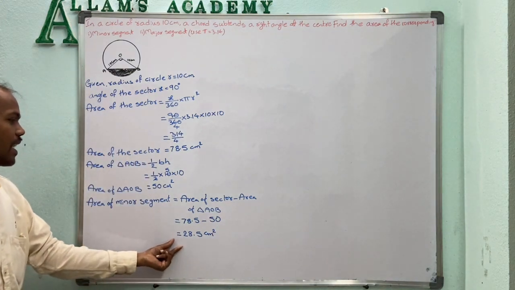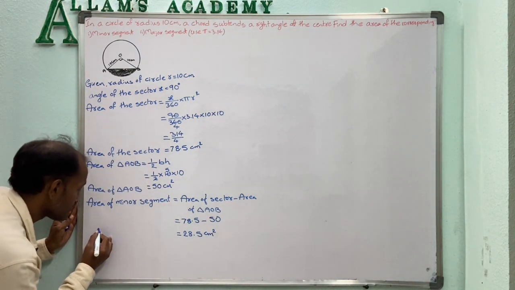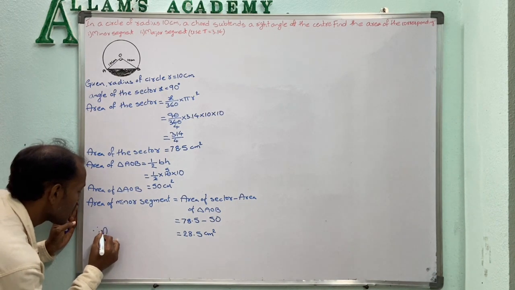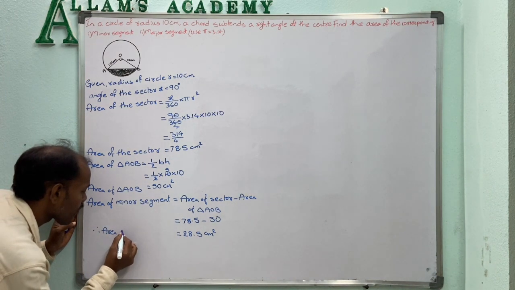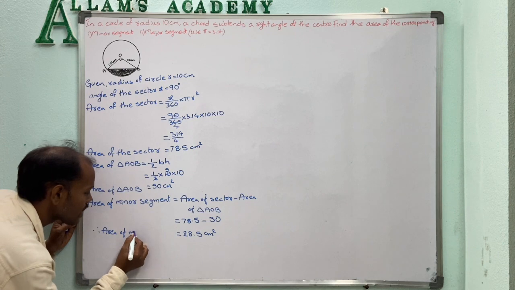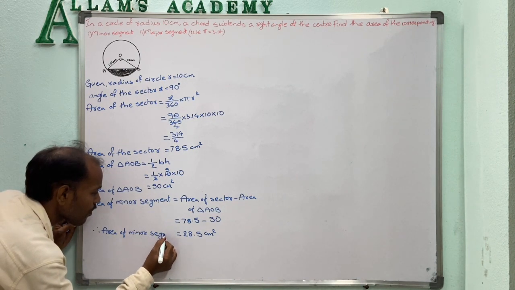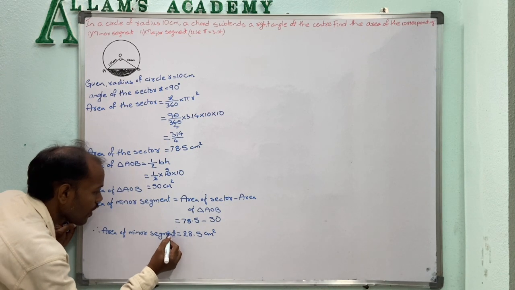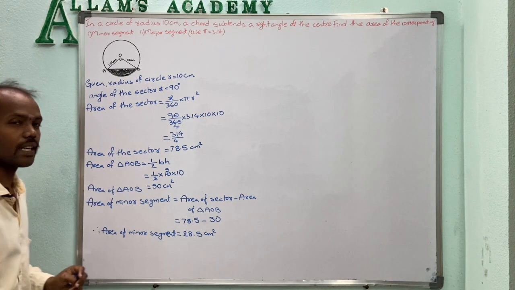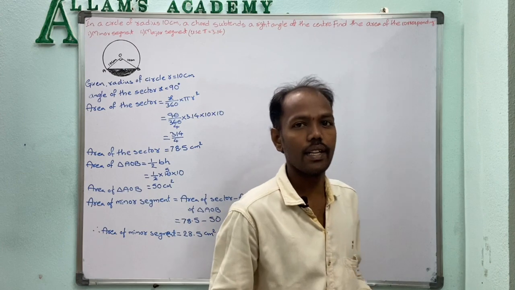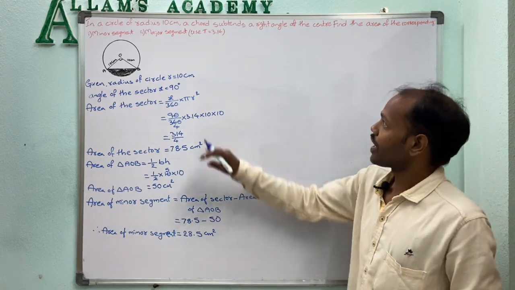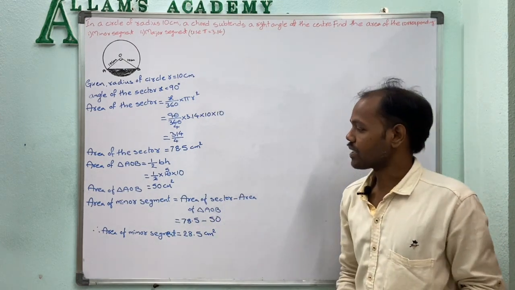Now it is the area of the minor segment. Therefore area of minor segment is 28.5 centimeter square.